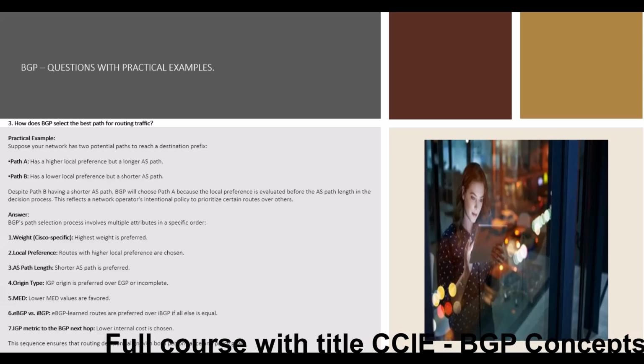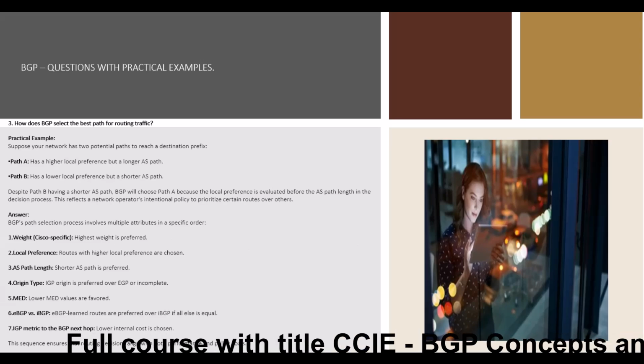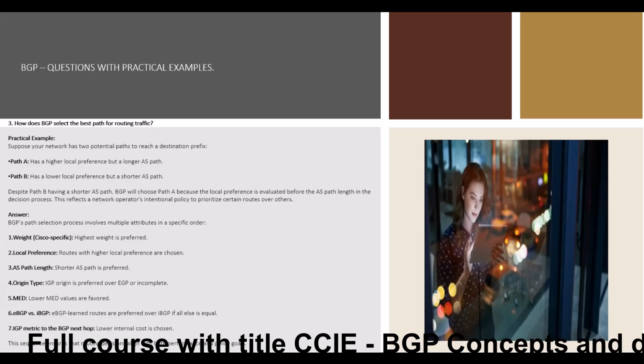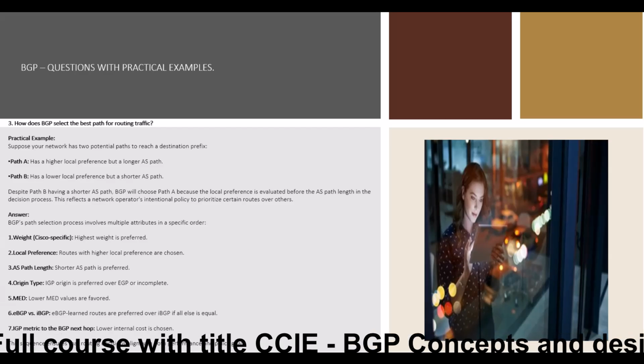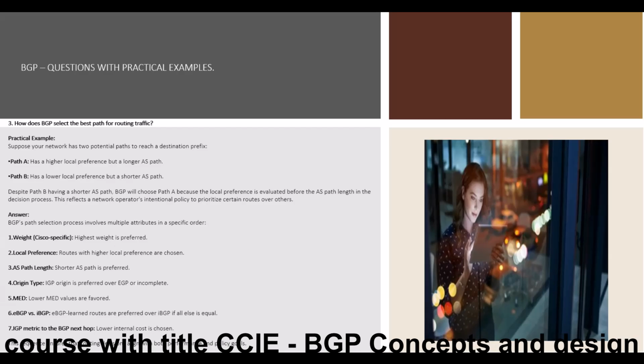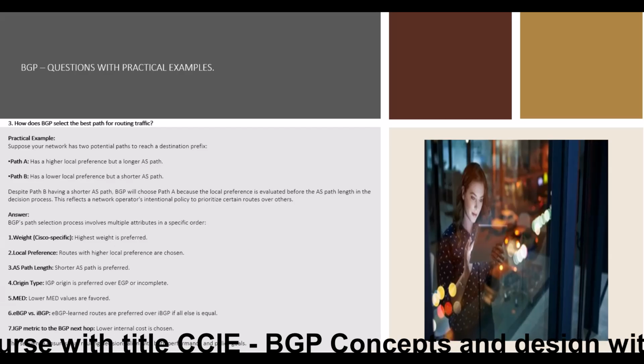But from this, I would like you to understand that as long as you know weight, local preference, and AS path length, you can basically manipulate them and make sure the route you select is the best path, as long as you can always make the change.